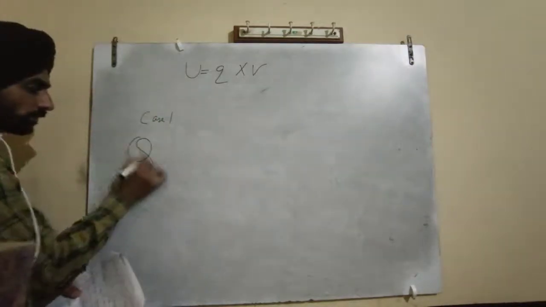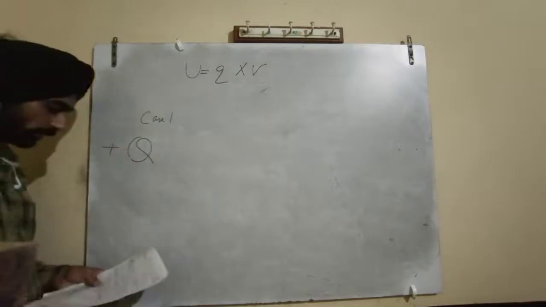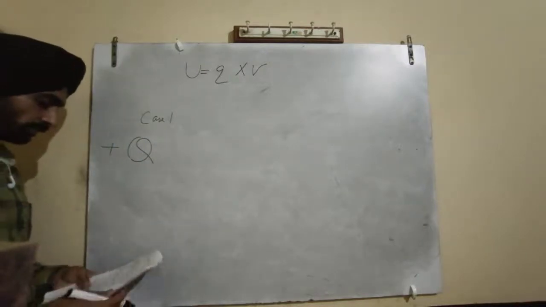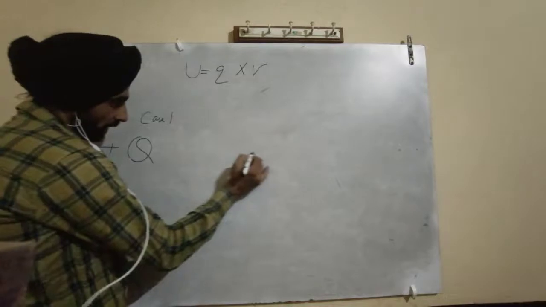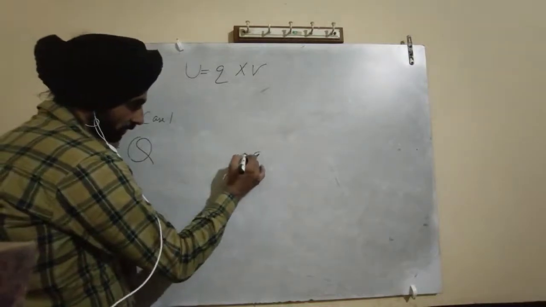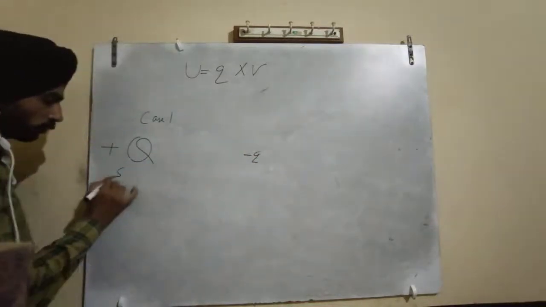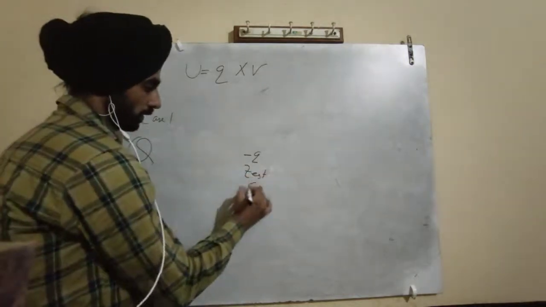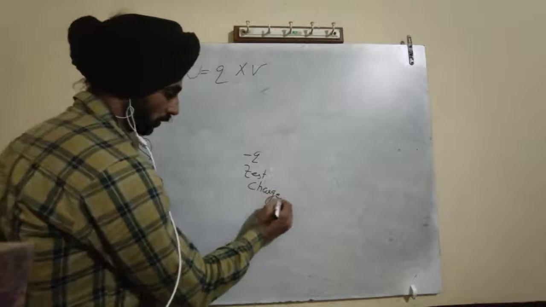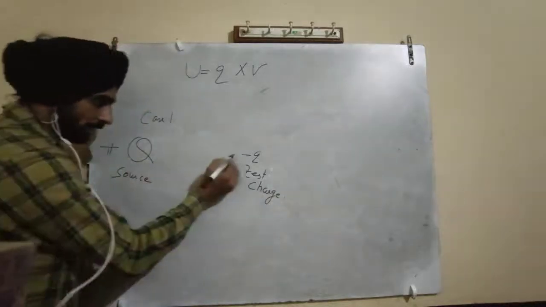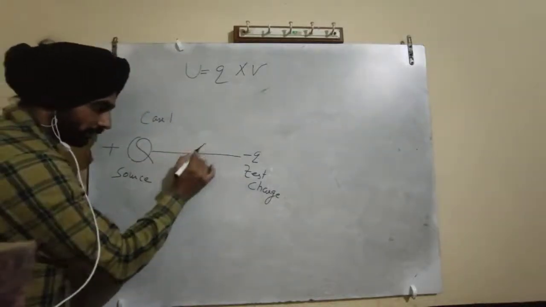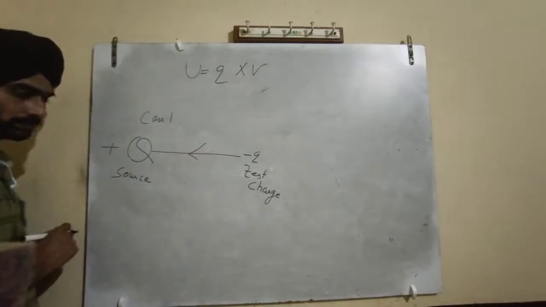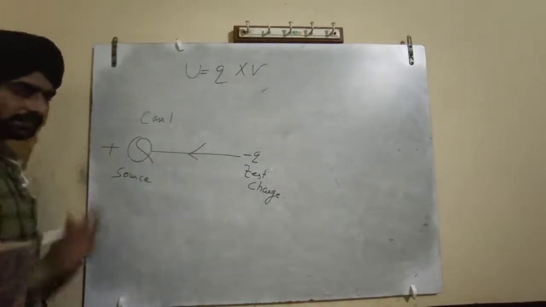Suppose here there is a positive source charge, and here it is a negative test charge. This is the source charge and this is the test charge, and the test charge is negative. Okay, so it will attract, positive attracts the negative.